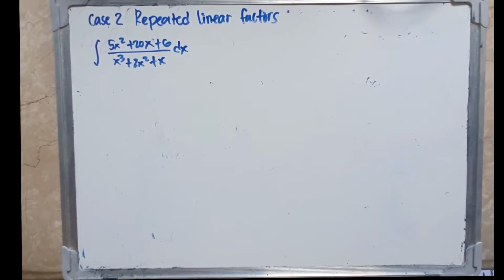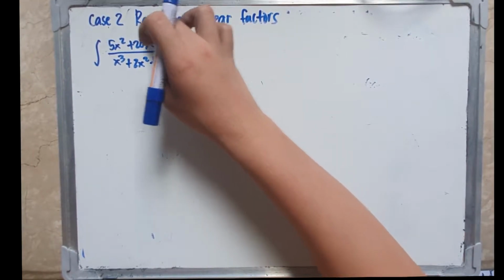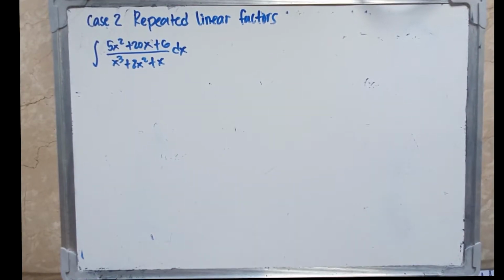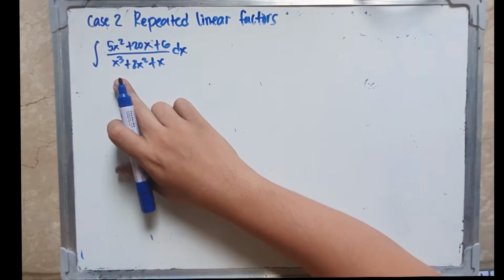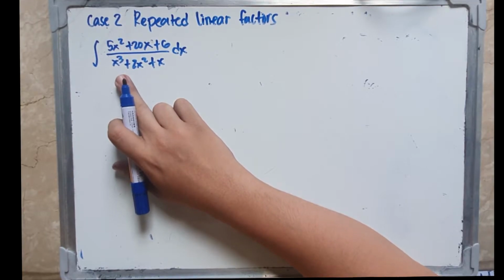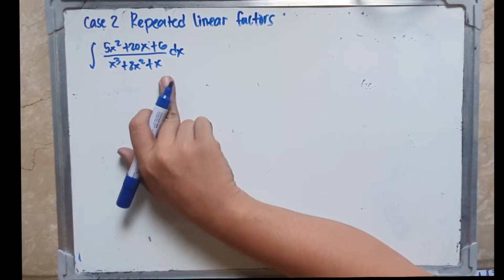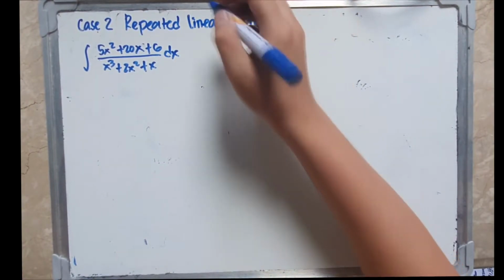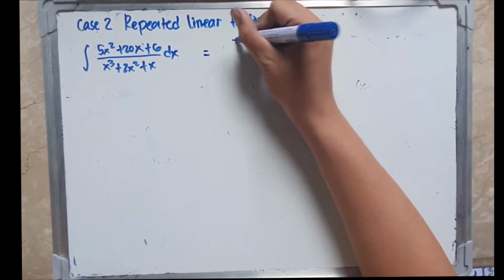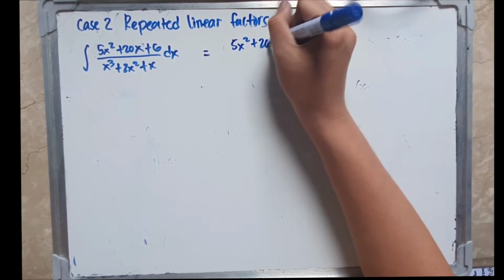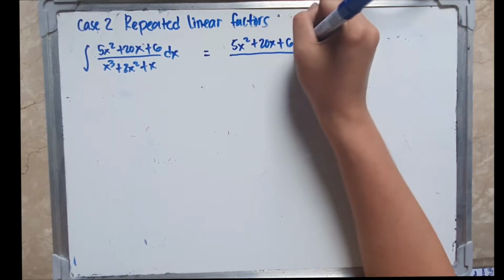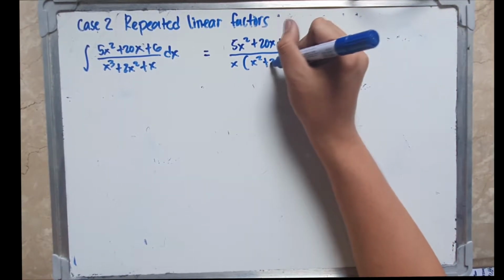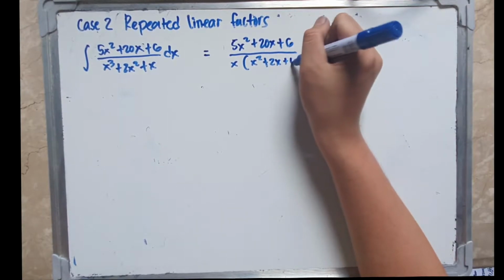Okay, so let's evaluate the case 2. Notice we have our rational function right here, and take a good look at the denominator. Obviously we could factor out x. So let's get the algebraic term: 5x squared plus 20x plus 6 over, if we factor out x, x times x squared plus 2x plus 1.